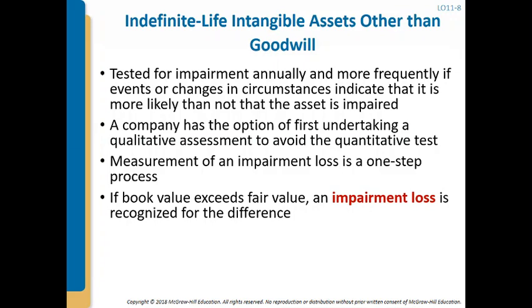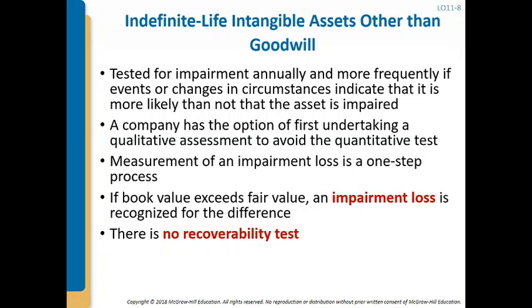So here, measurement of an impairment loss is a one-step process. If the book value exceeds fair value, an impairment loss is recognized for the difference. So there's no recoverability test.